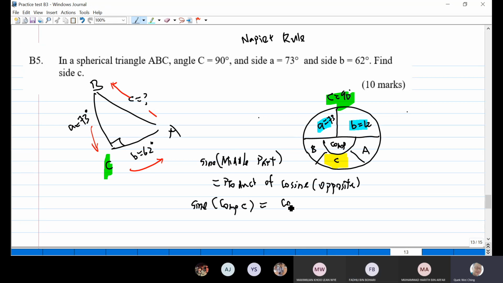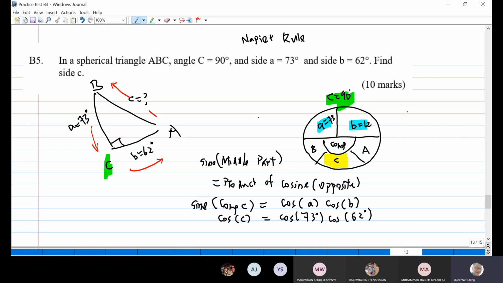So cosine of A, cosine of B, because these are actually opposite, C is opposite A, right? Now the sine of the complement of C is actually cosine of C. And this is the cosine of A, which is 73 degrees, and cosine of B, 62 degrees.